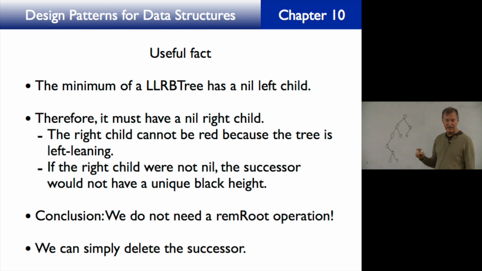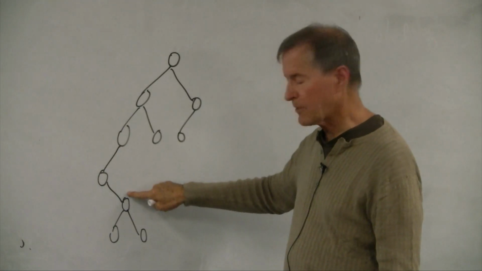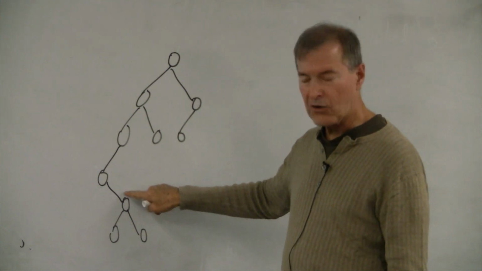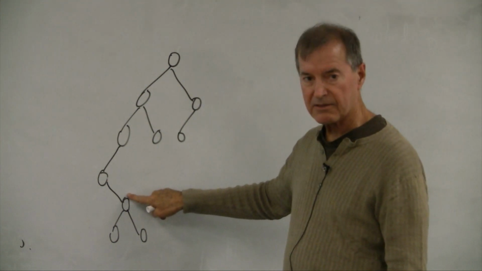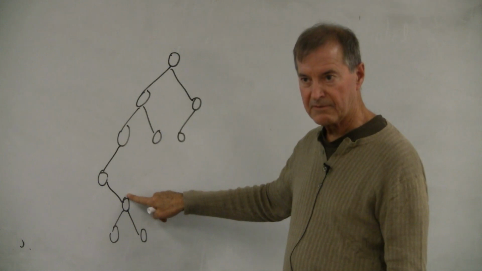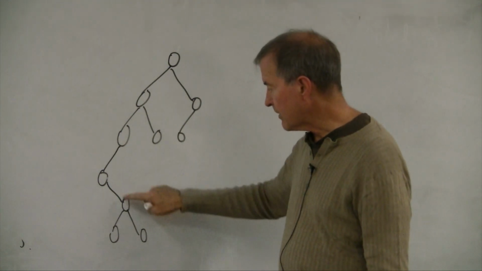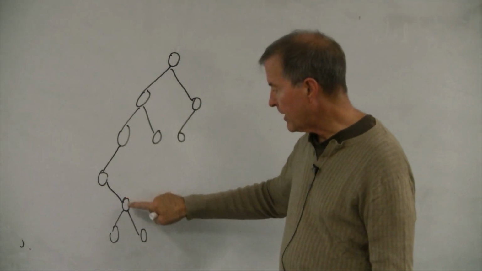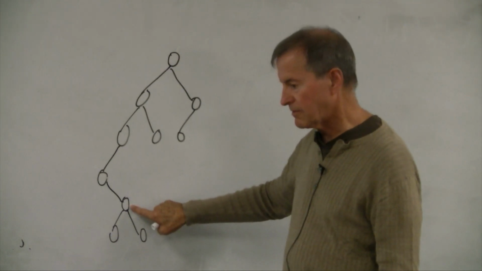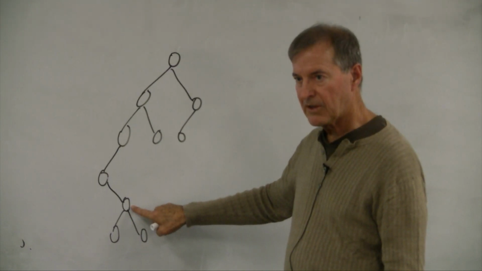So the minimum of an LLRB tree, because an LLRB tree is a binary search tree, has a nil left child. Now here's another interesting point. The right child cannot be red, because it's left leaning. So this link cannot be red, and the only possibility is for it to be black. Are you with me? But look, if this is black, then this has to be nil. Why is that?